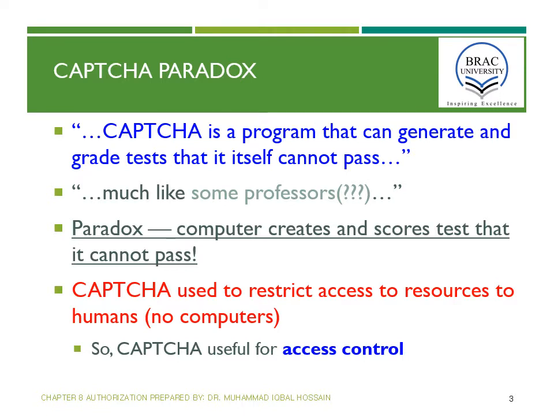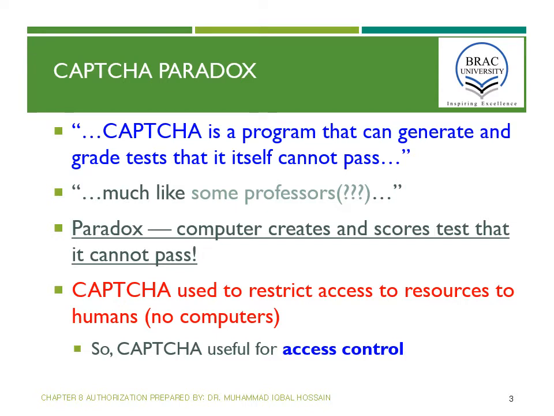Suppose you want to get access to some resources, you have to pass the CAPTCHA test. If you are human, you can have access to the resources, but a computer or some machine doesn't have access to those resources.